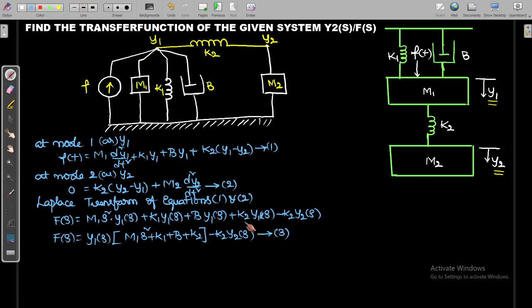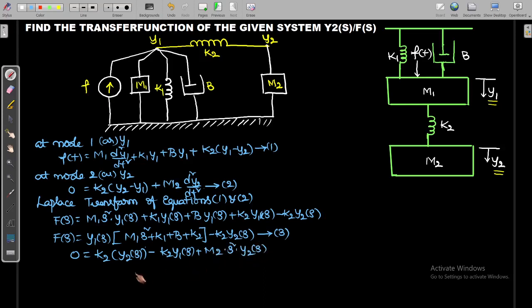Next, take the Laplace transform of the second equation. What are you going to get? 0 is equal to k2 into y2 of s minus k2 into y1 of s plus m2 into s square into y2 of s.